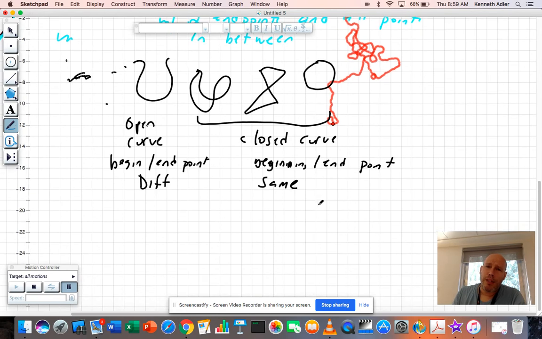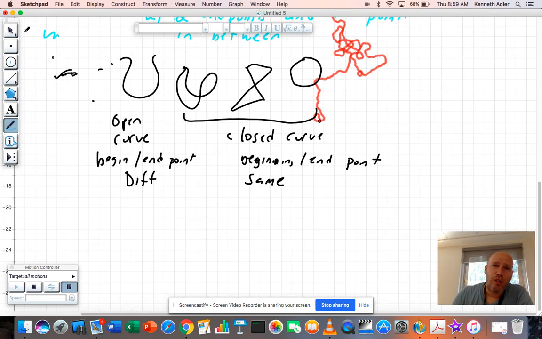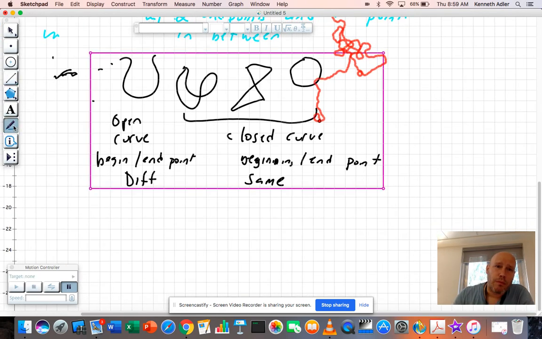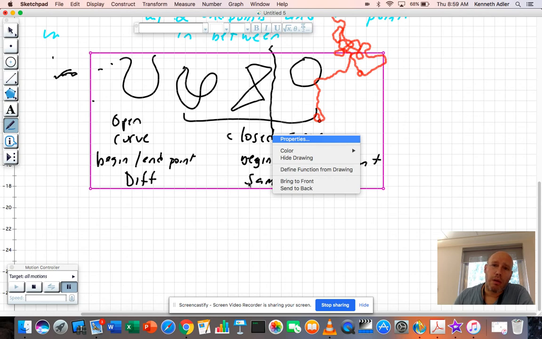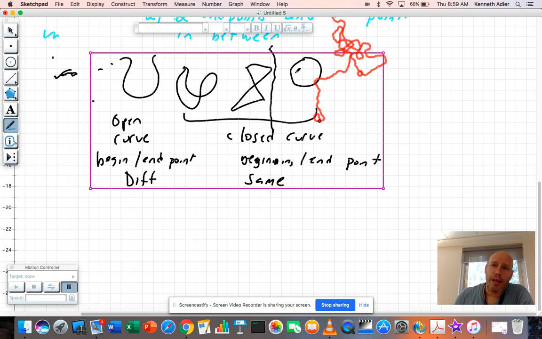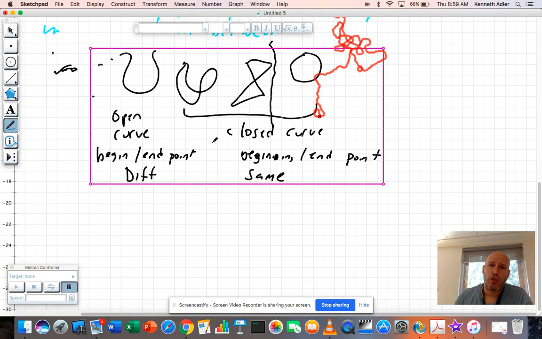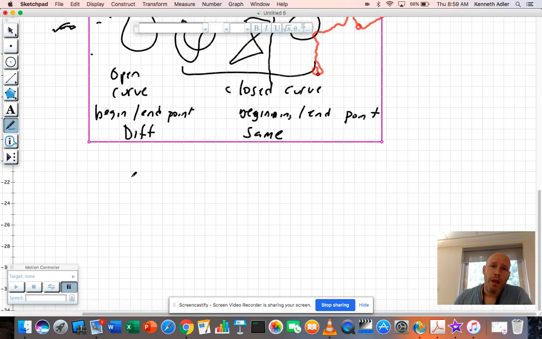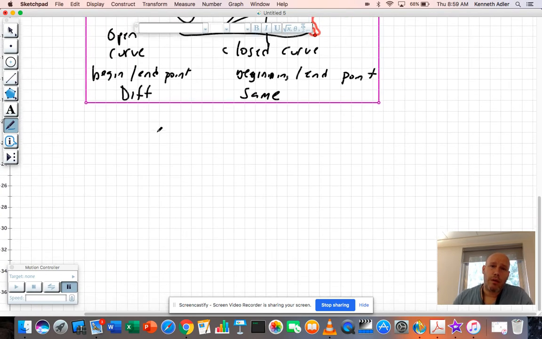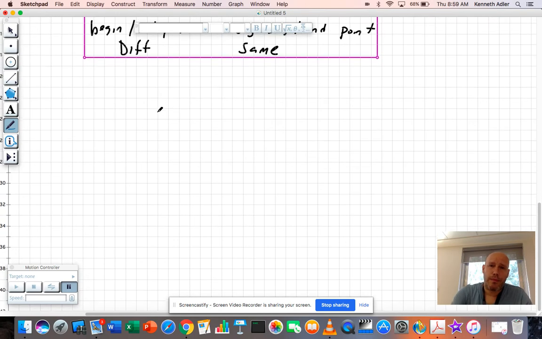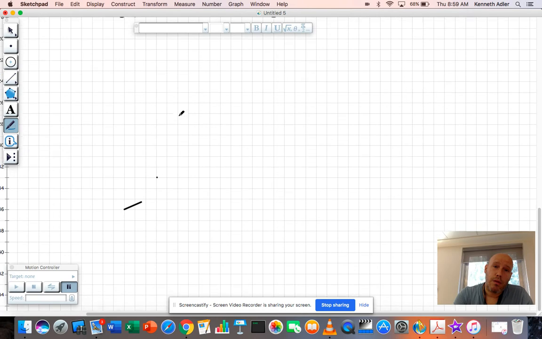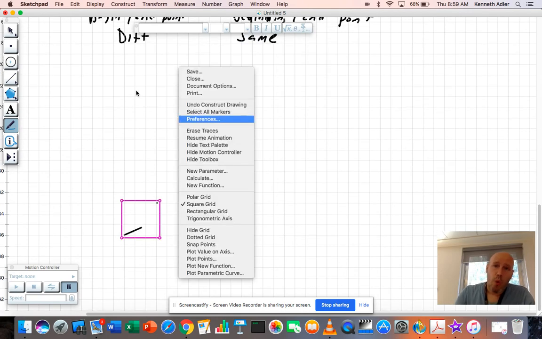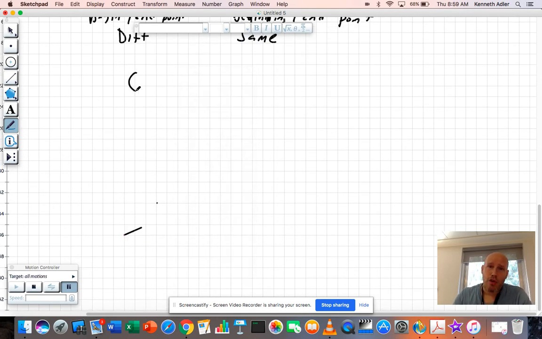Now, we can break these closed curves into two different sections. What do you notice about the first one? Well, we're interested in this one on the right. We're interested in circles.